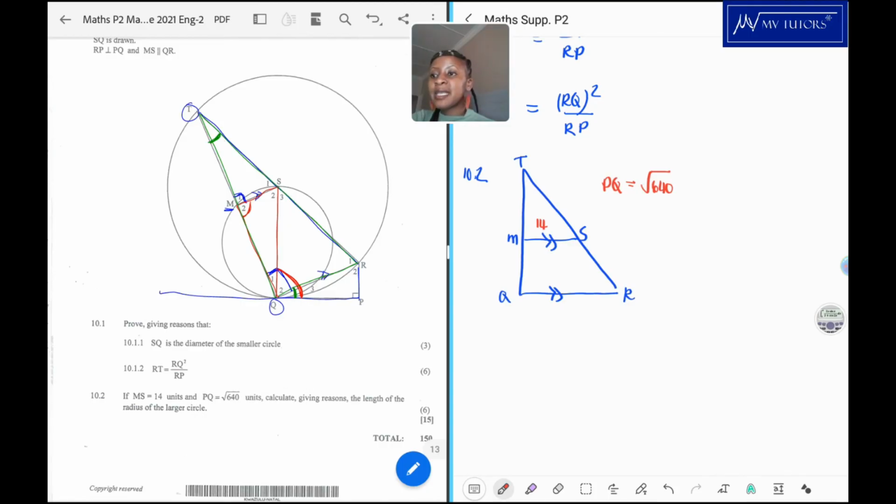Calculate, giving reasons, the length of the radius of the largest circle. So we are looking for TR.